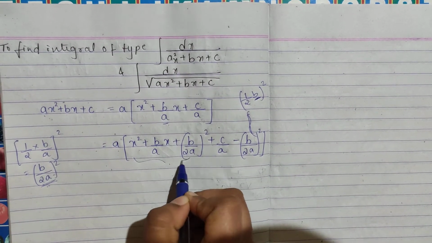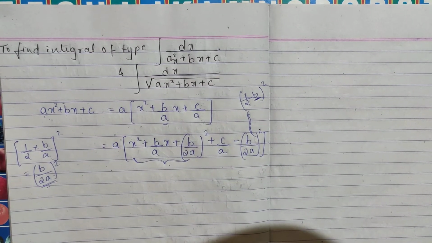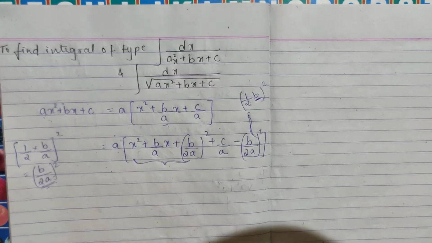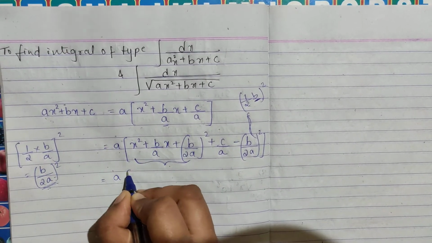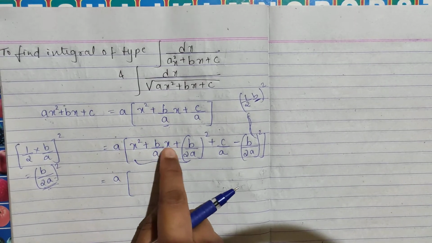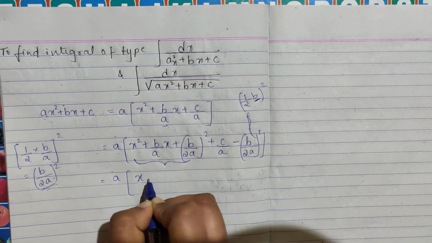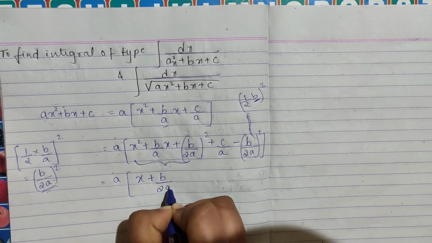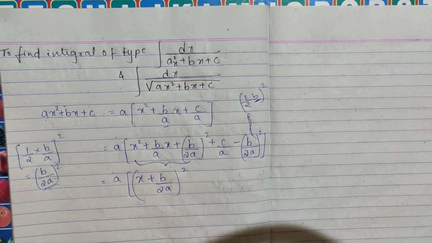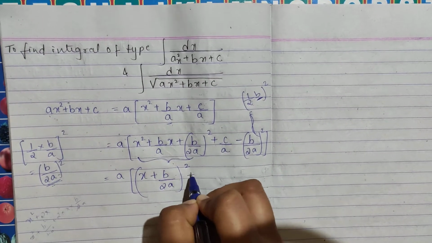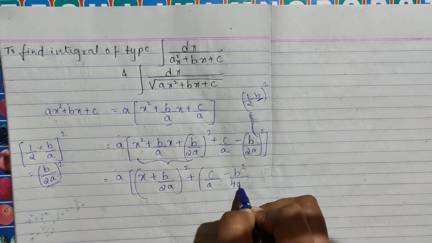Why? Because this way you will get a proper a plus b whole square formula, or the a minus b whole square form. So this will be x square plus b by a x plus b by 2a whole square, giving x plus b by 2a whole square, and here you will have c by a minus b square by 4a square.